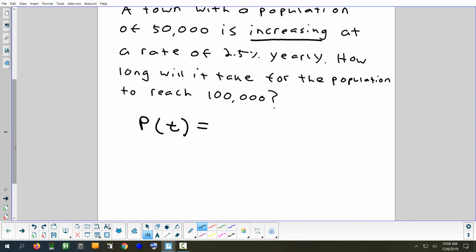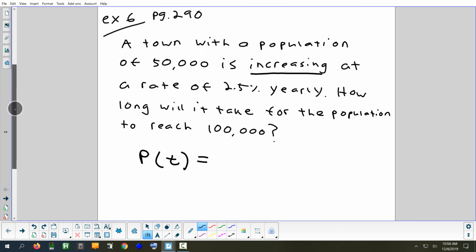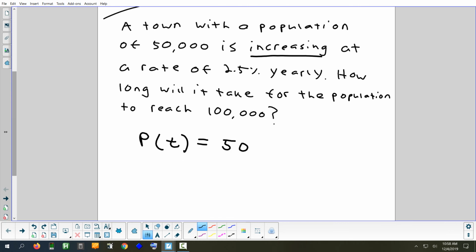All right, can someone remind me, what's the first thing that you write in the exponential growth formula? Yep. Like beginning. Yeah, the 50,000. The initial amount. So you start with initial amount times, and what goes in the parentheses?